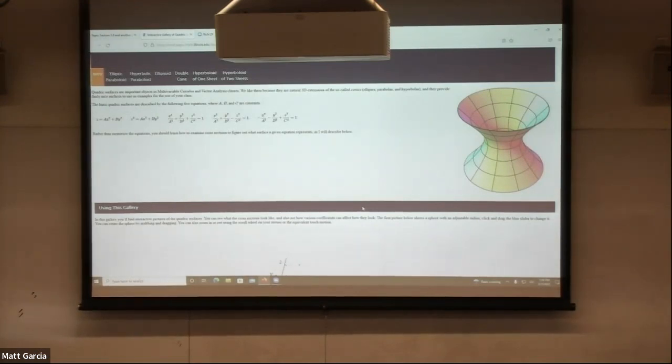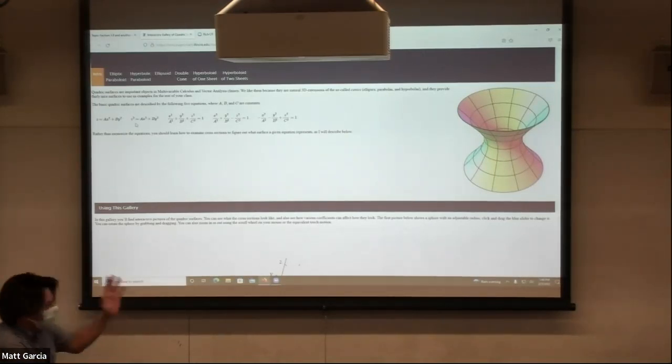This is the three-dimensional analog of this: quadratic surfaces. These only involve up to square terms of x, y, and z. So instead of giving you a formal treatment from the textbook, what we're going to do is just look at some of these. This is a really great website.